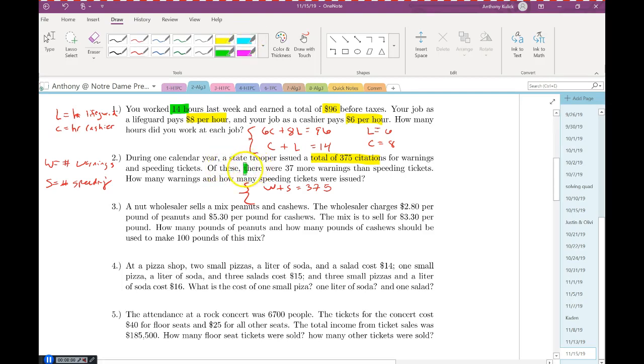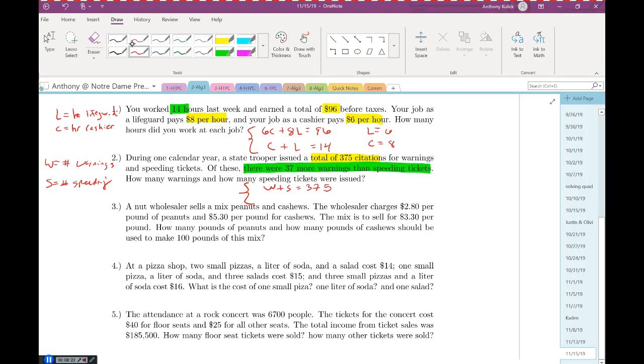Okay. So what's the second equation going to be? Well, it's going to come from this sentence. There were 37 more warnings than speeding tickets. So, if I had 10 speeding tickets, how many warnings would I have gotten? 47, right?